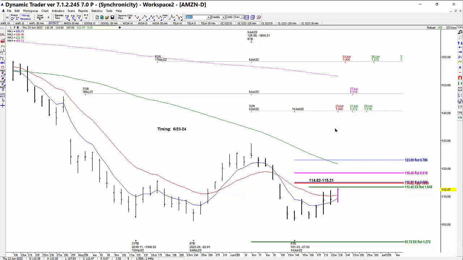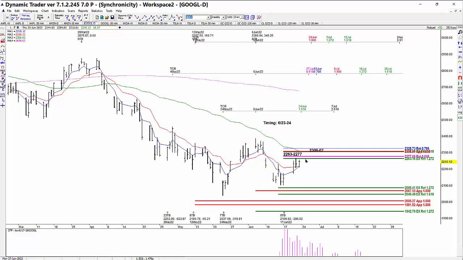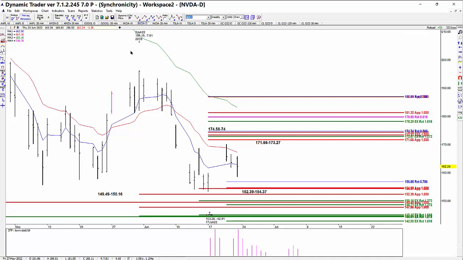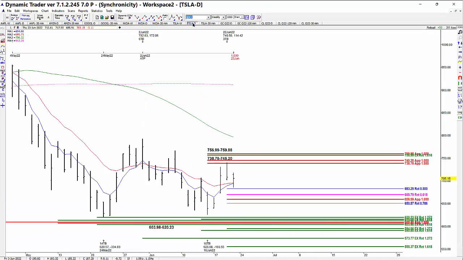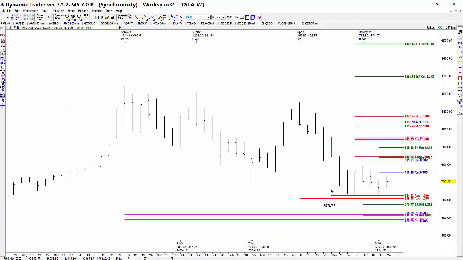Amazon, we're running into time and price resistance, so we're going to watch that area for a possible failure. Same thing in Google. In Tesla, we had a possible double bottom against weekly support, but it doesn't confirm unless you take out the middle high. But this is a potential double bottom in Tesla against support.